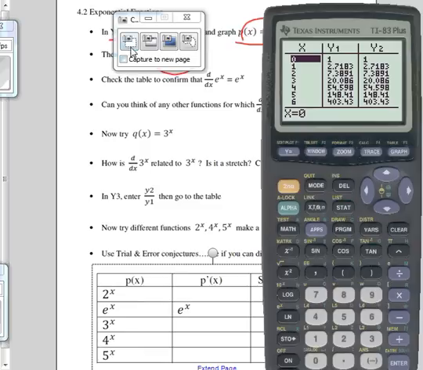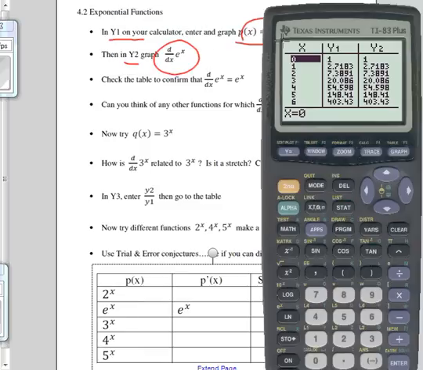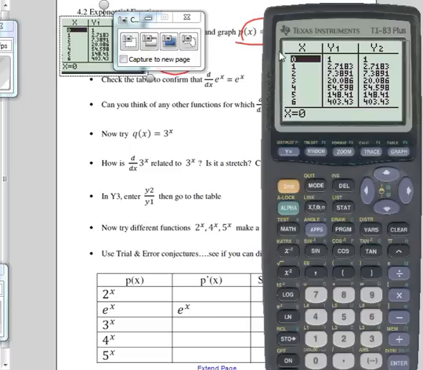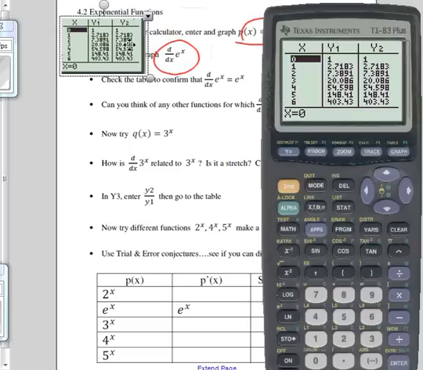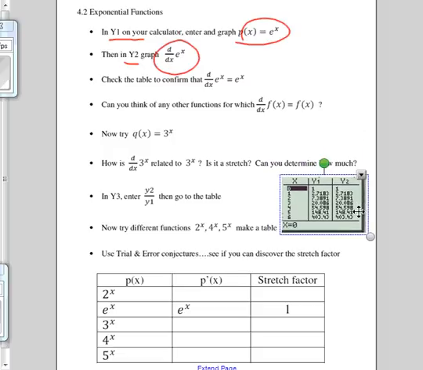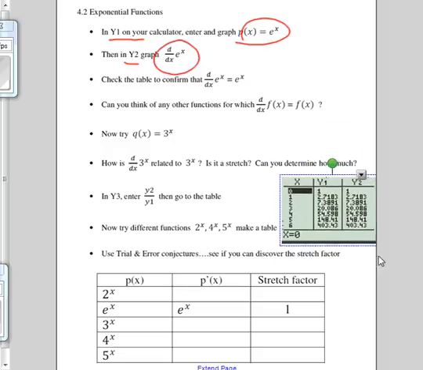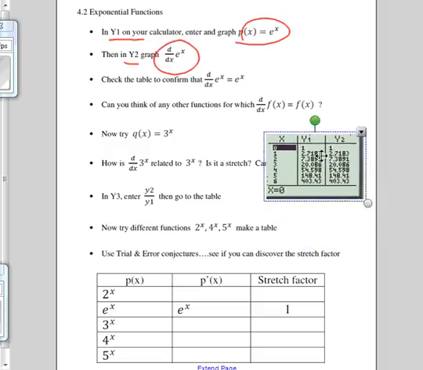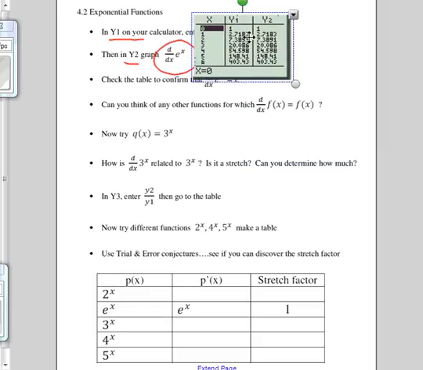You should be saying, "Oh my gosh," because what you see here is a key relationship, which is that the derivative of e to the x is, well, what is it? It's e to the x. Right up here.